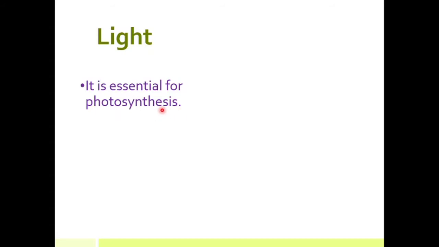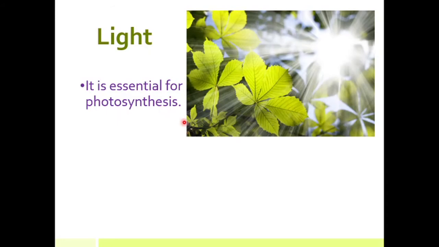So it is essential for them to make their own food to survive. Plants which are directly exposed to sunlight have a higher rate of photosynthesis as compared to plants which are not exposed enough.